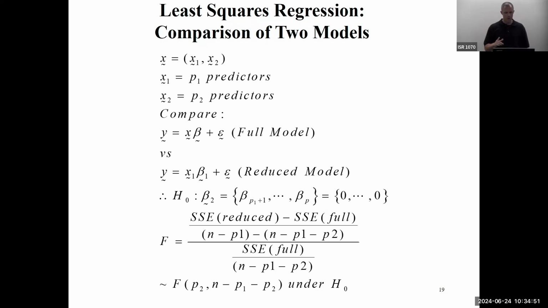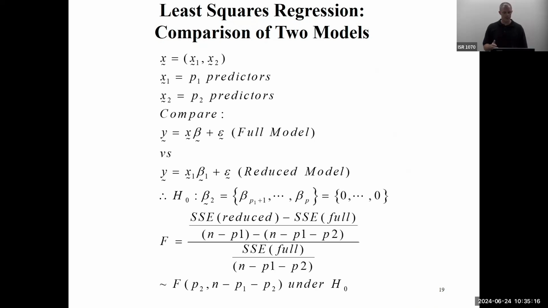Okay? So to do this overall test, given the sum of squared errors for the reduced and the full model, and then the number of parameters in each and the sample size, you can calculate this F statistic as you see here. And assuming that those residuals are normally distributed, okay, that test statistic follows an F distribution with the degrees of freedom that you see here under the null hypothesis.